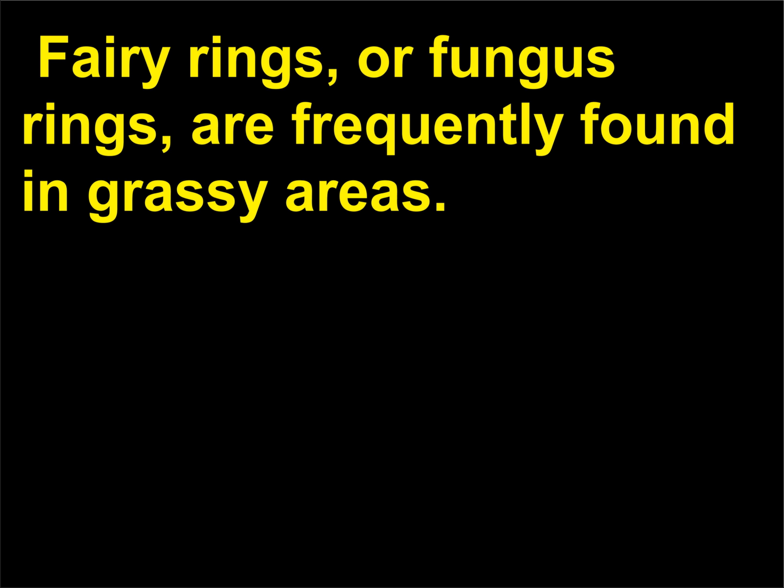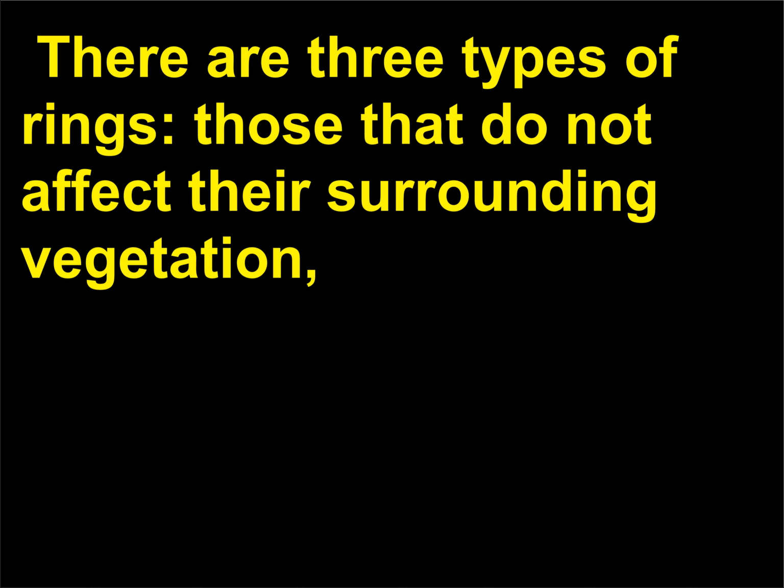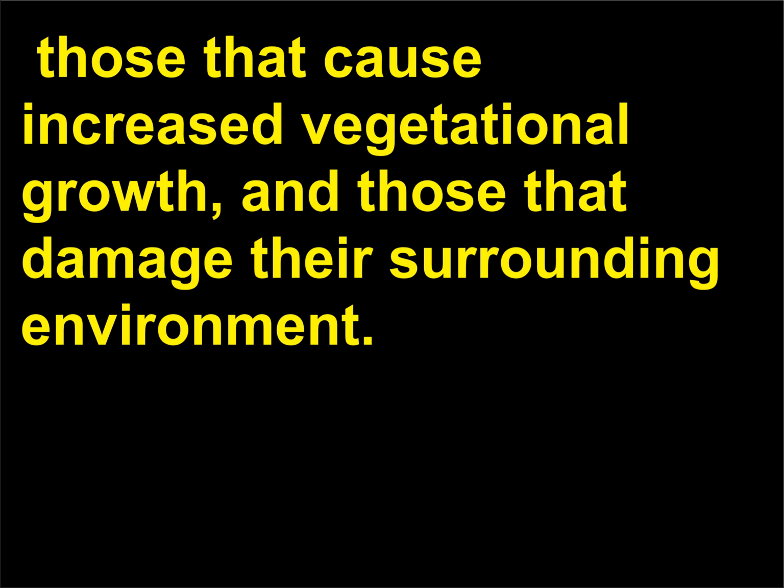Fairy rings, or fungus rings, are frequently found in grassy areas. There are three types of rings: those that do not affect their surrounding vegetation, those that cause increased vegetational growth, and those that damage their surrounding environment.